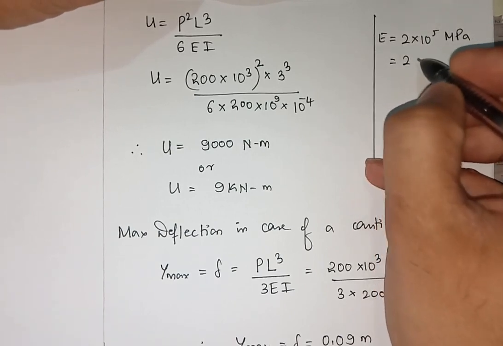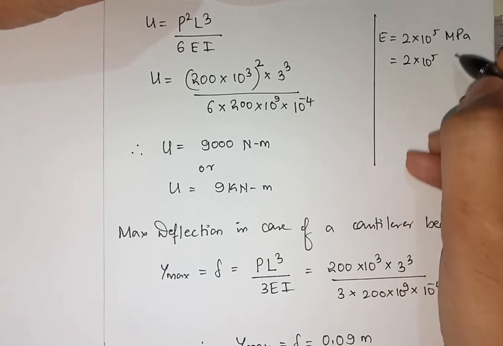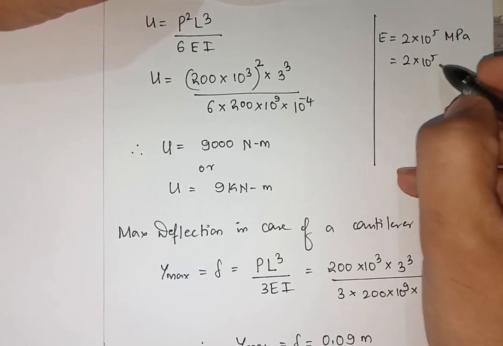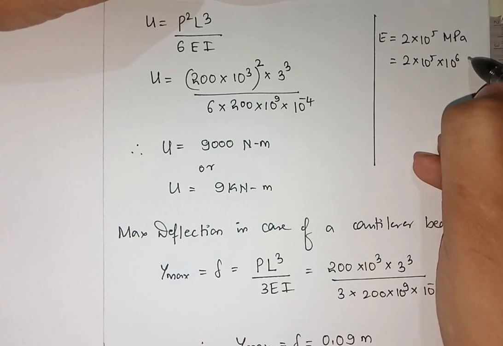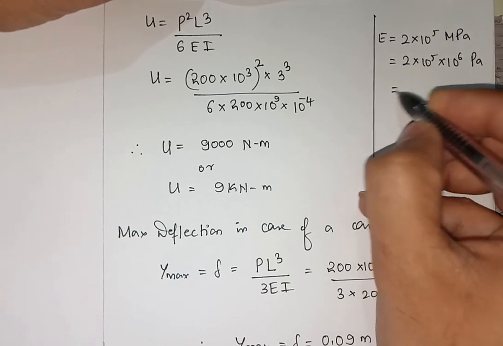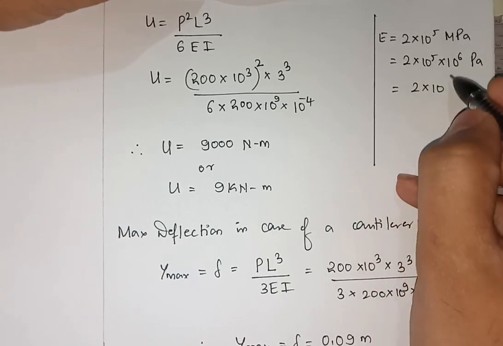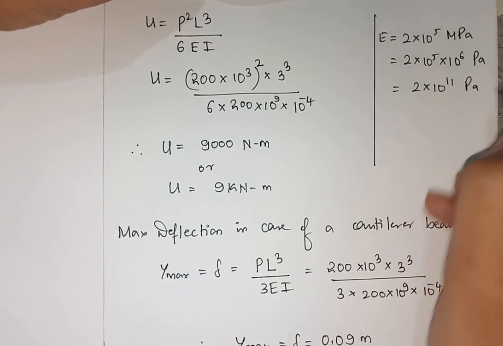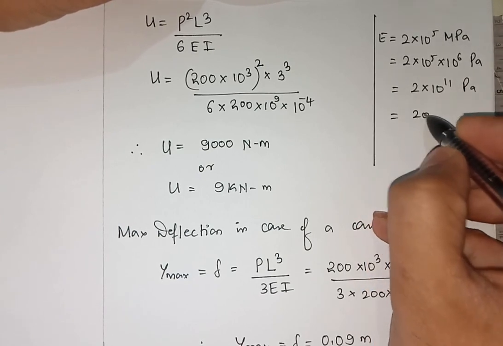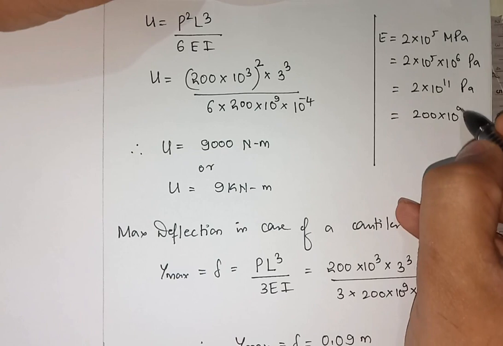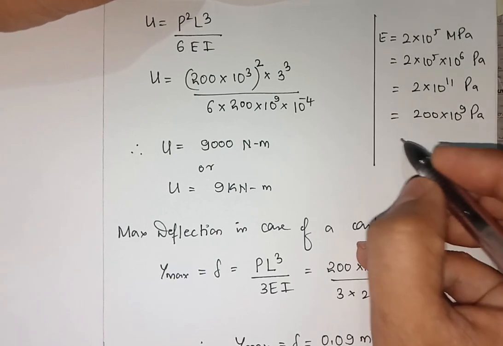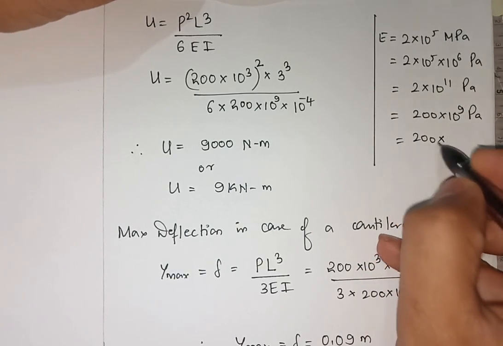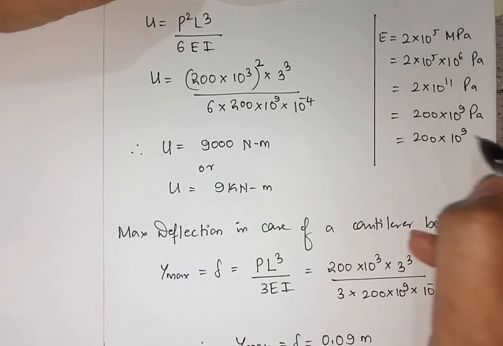M is megapascal, so mega is 10 raised to 6 and it is pascals. So it is 2 into 10 raised to 11 pascals. So this I can write as 200 into 10 raised to 9 pascals.